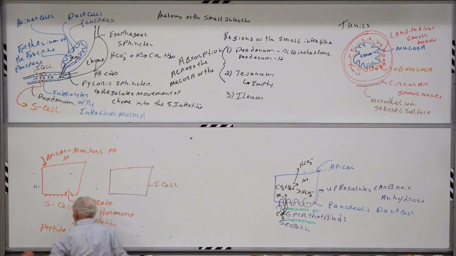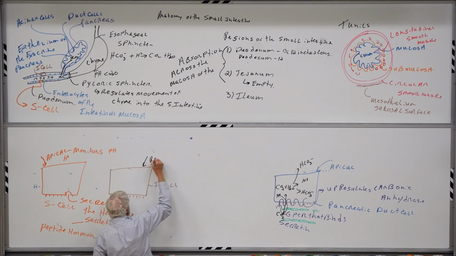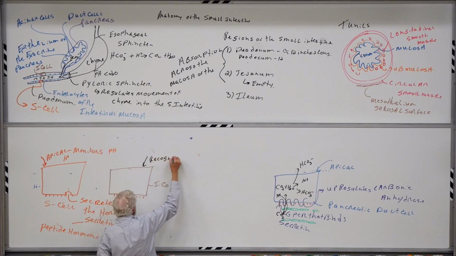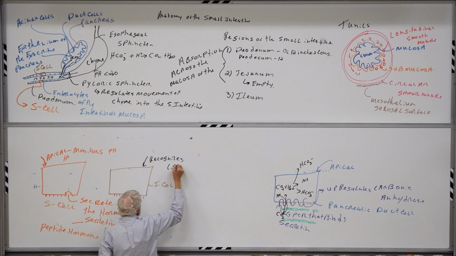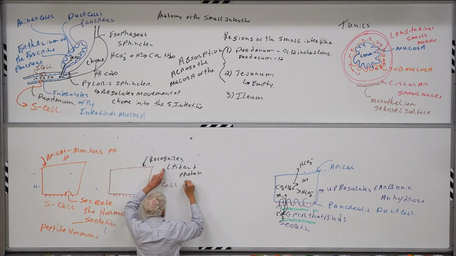It too is oriented. It's an epithelial cell. It's a modified enterocyte. It sits on a basal lamina. Now in this case, the apical surface here recognizes lipid and protein. It recognizes lipid and protein in chyme.